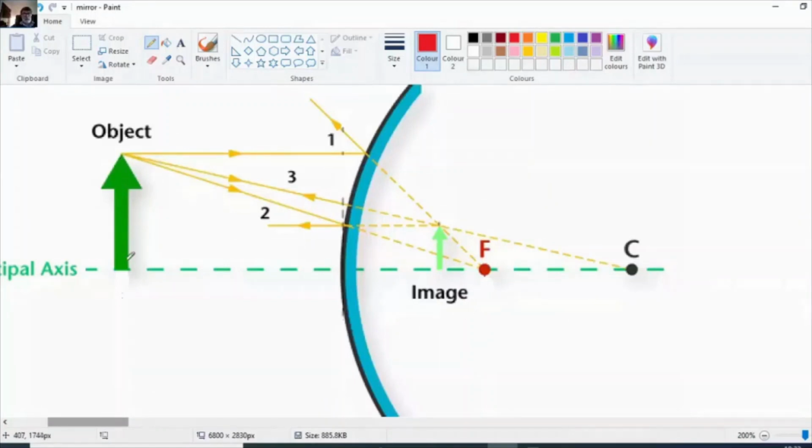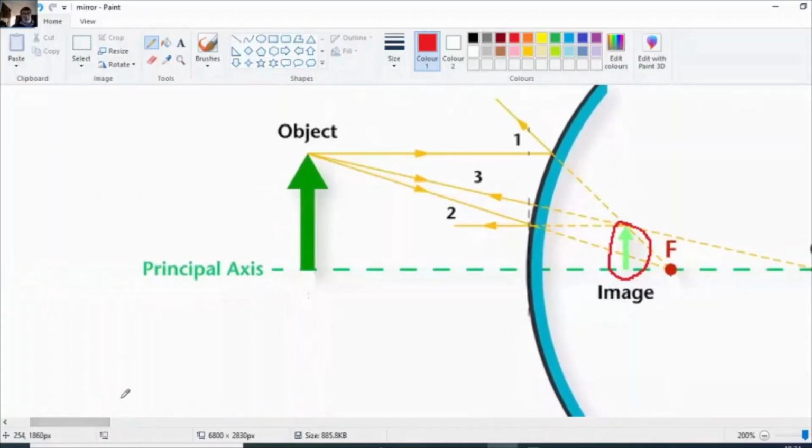When you place an object in front of a convex mirror, the image is going to be formed somewhere here, but it is always smaller than the object. Wherever the object is, the image is always smaller than the object. So we cannot use a convex mirror.